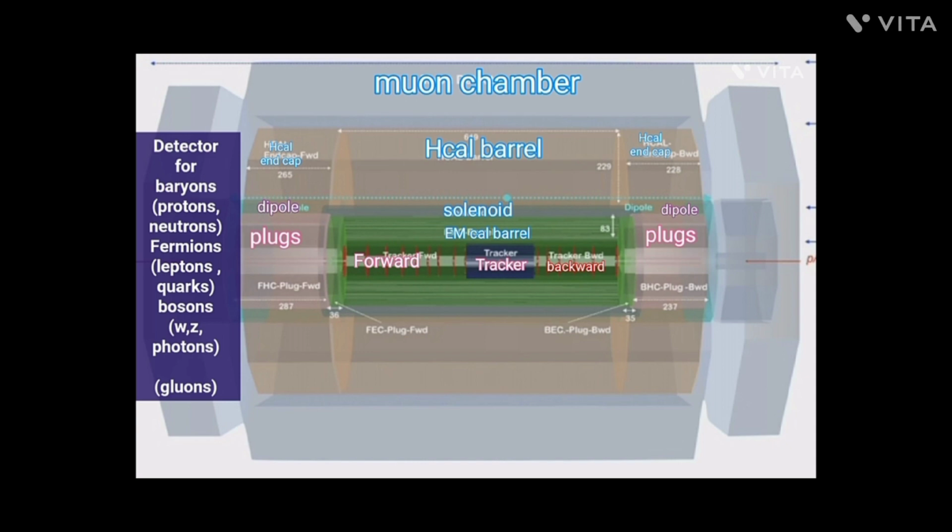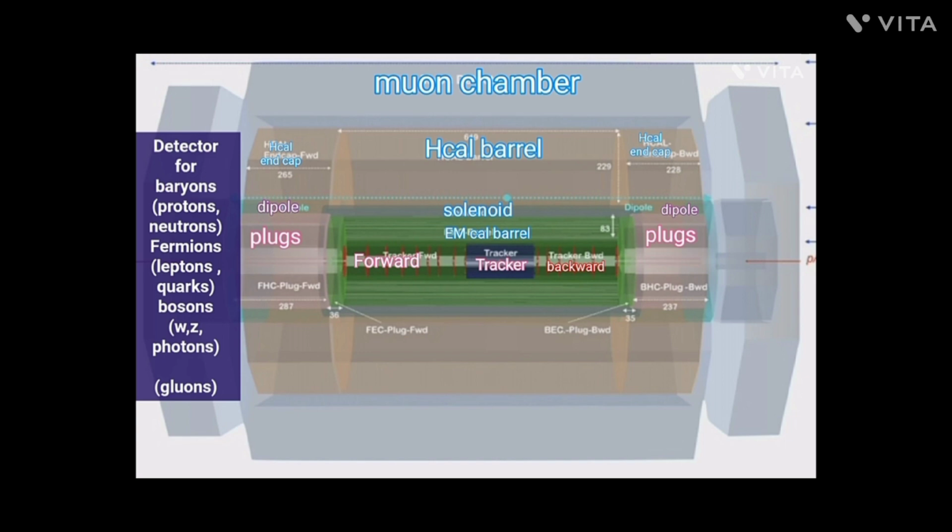As you can see, the center of the tracker is the site of origin. And these particles travel through the different layers of the detection system.